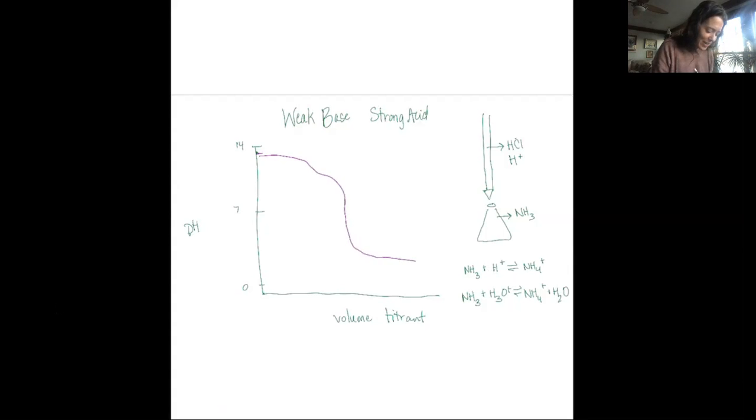Something like that. I think I kind of messed it up right there. One more time, last curve. And then let's talk about the points in this curve.